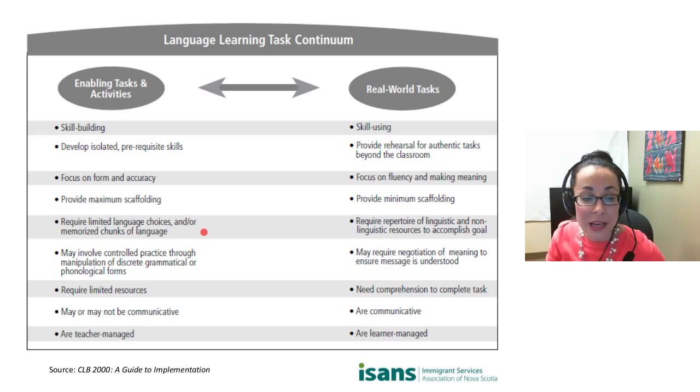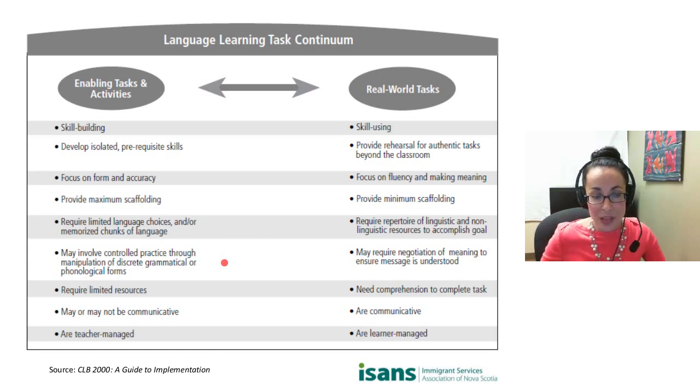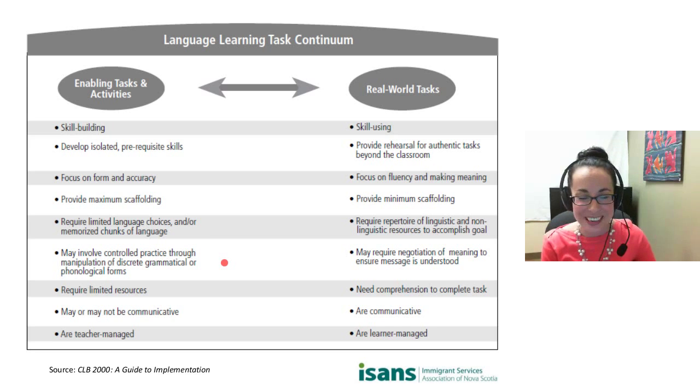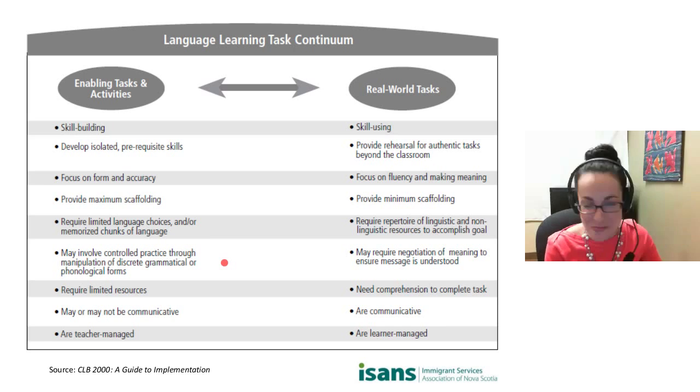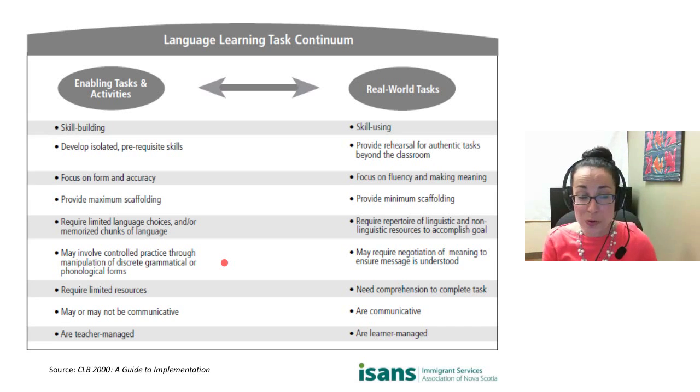Okay, moving down. Enabling tasks and activities may involve controlled practice through manipulation of discrete grammatical or phonological forms. I had to wrap my head around that a little bit. Basically, practicing grammar and pronunciation is what I came up with on that point. I hope that's how everybody else interpreted that one.